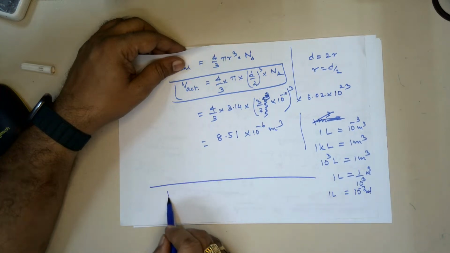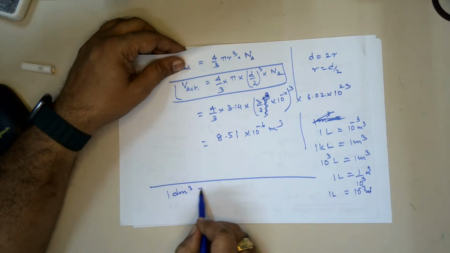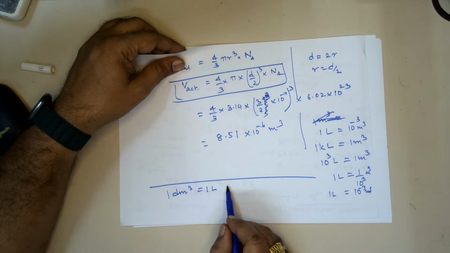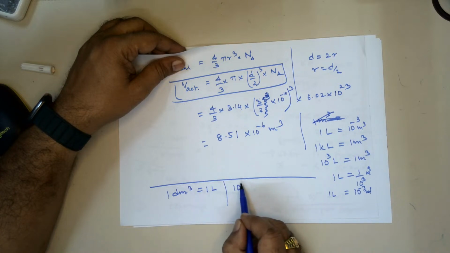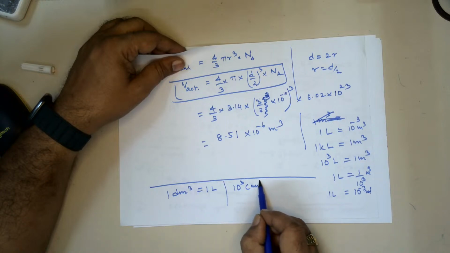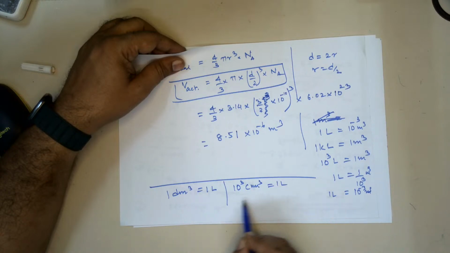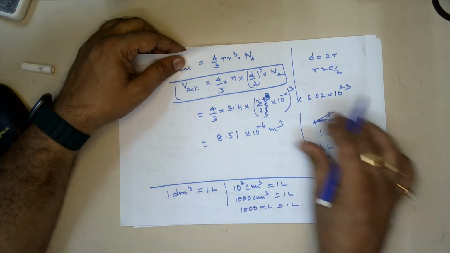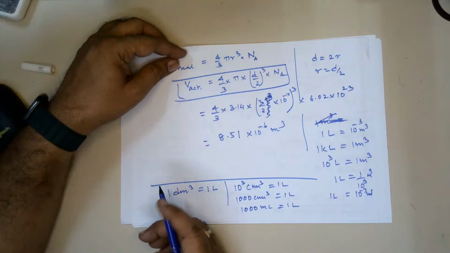Similarly, you should know 1 decimeter cube is equal to 1 liter. And you should also know 10 cube centimeter cube is equal to 1 liter. It means 1000 cubic centimeter is equal to 1 liter. It means 1000 ml is equal to 1 liter. So you should be aware of all these unit conversions.